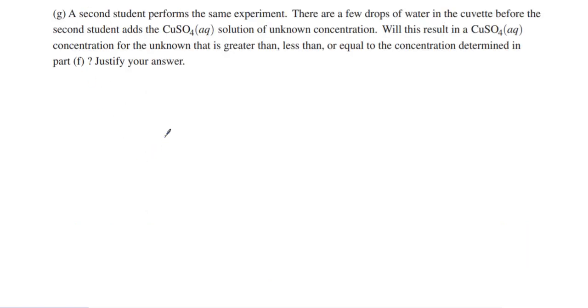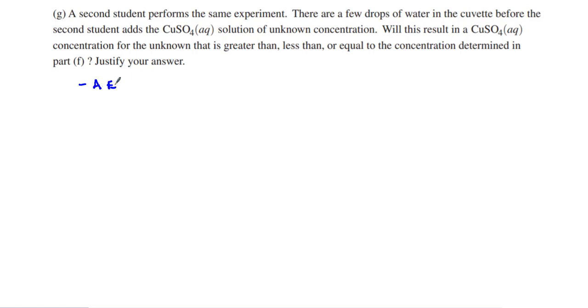And the last part of the problem is a second student performs the same experiment. There's a few drops of water in the cuvette before they add it in. And we want to know, is this going to result in a copper sulfate concentration for the unknown that's greater or less. So we want to go logically step by step.